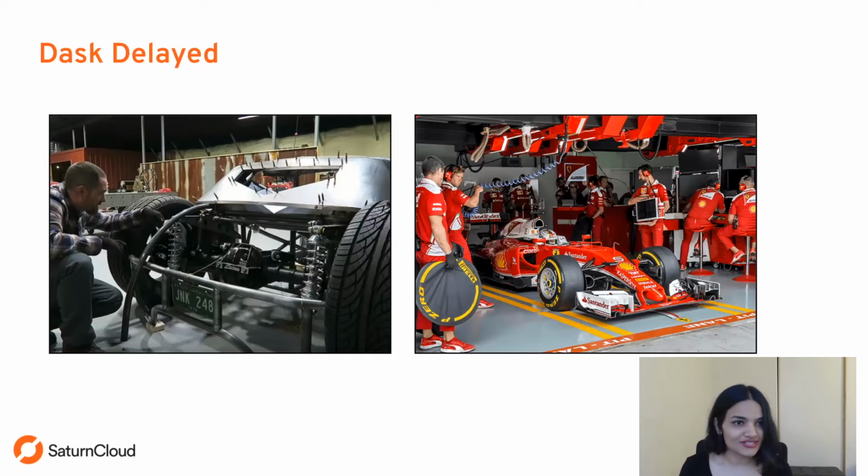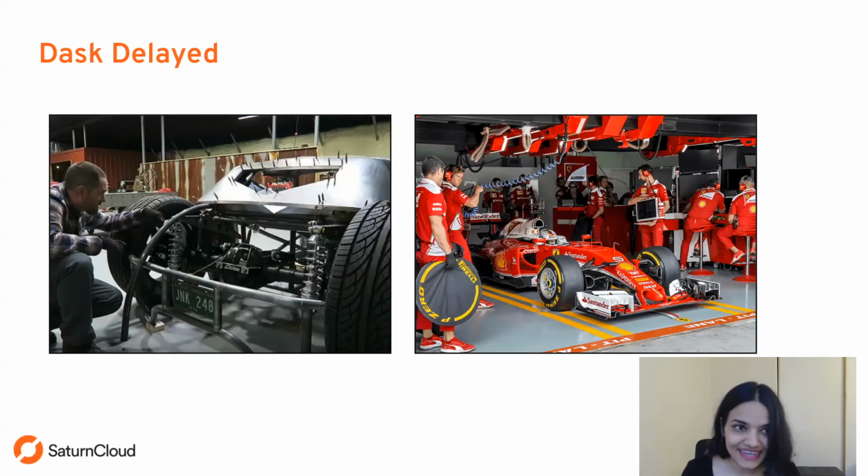Now, how does Dask delayed work? Another way to build a car would be someone gives you a set of instructions. You just look at those set of instructions. You create a blueprint of how me and my 9 other friends can build this car in the most parallelized way. So you build that blueprint, you call your 9 other friends, and then you build the car together very fast.